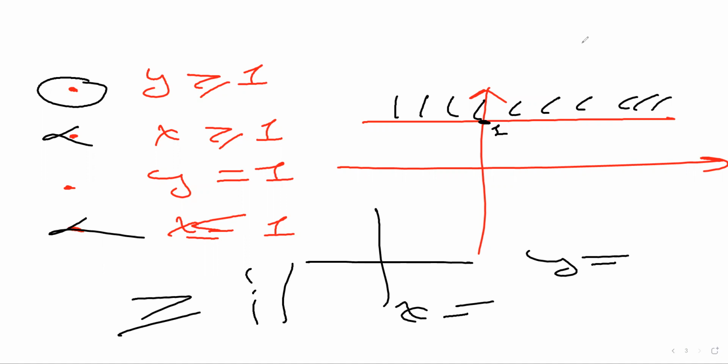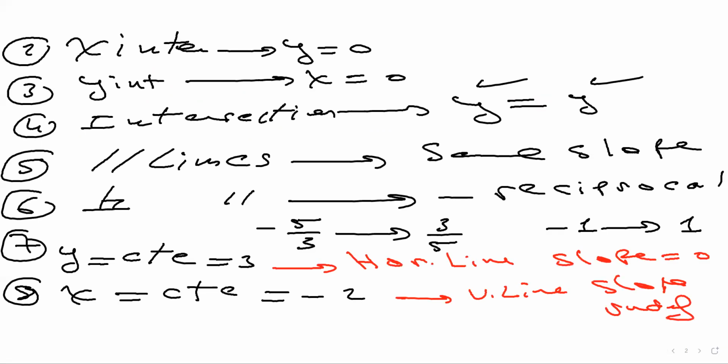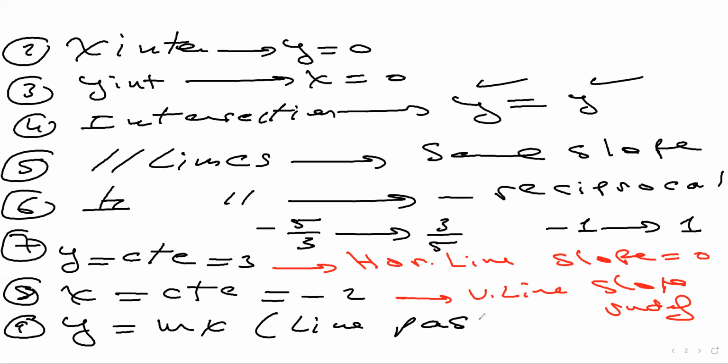Guys, number 8. When we have y equals mx, what does that mean? It means this line passes through the origin.